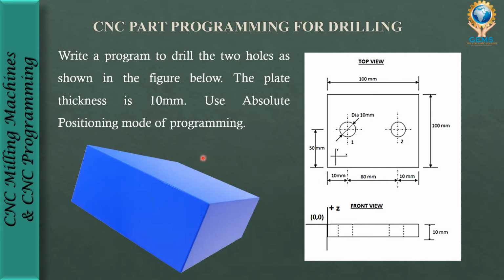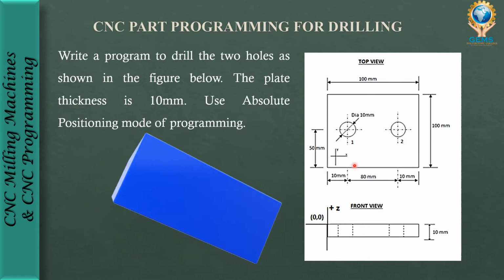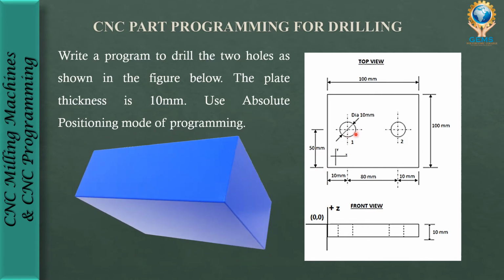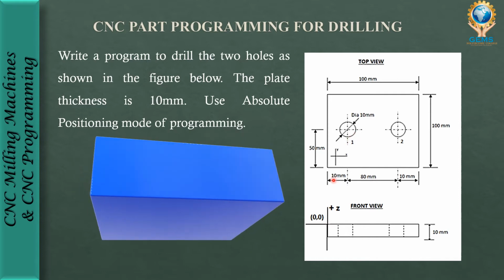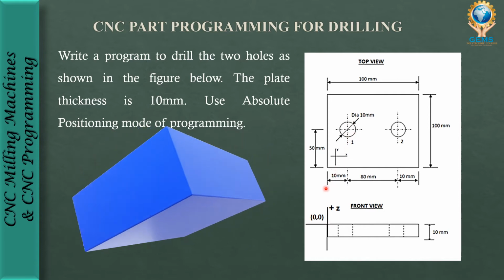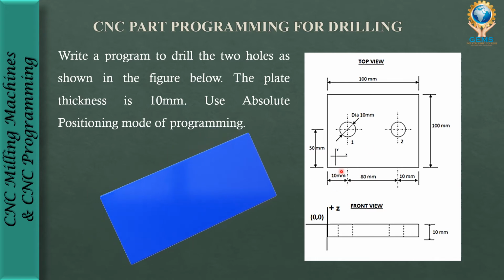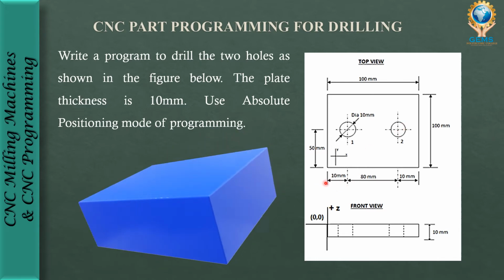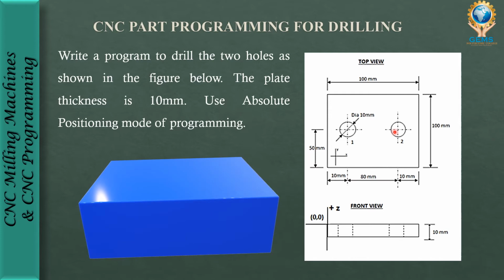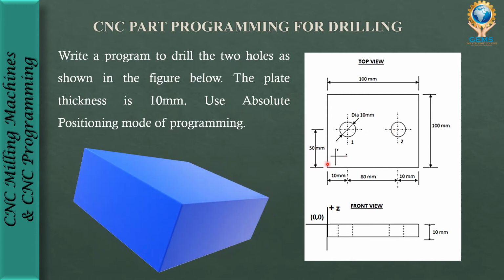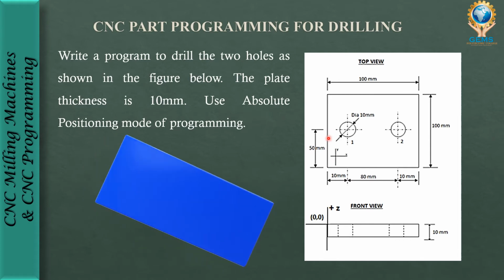In this plate we are going to use two drills. The first drill position is 10 mm from the 0 position, and the second drill center point is 10 plus 80, 90 mm from the X position, and for both drills it is 50 mm from the Y position.